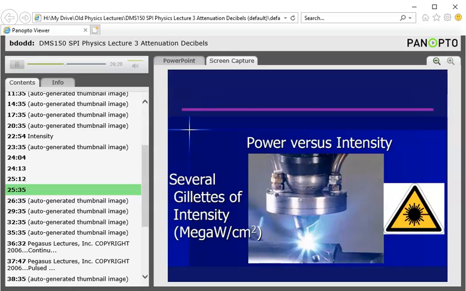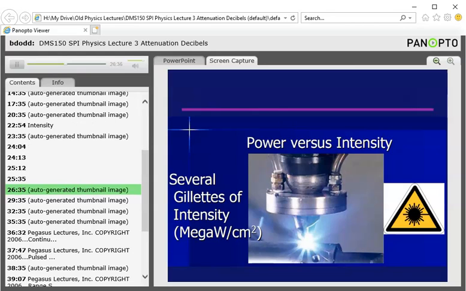And Stephanie, if I increase my area, what happens to my intensity? It decreases. And if I increase my power, what happens to my intensity? It increases. So power divided by area is intensity. Does that all make sense?